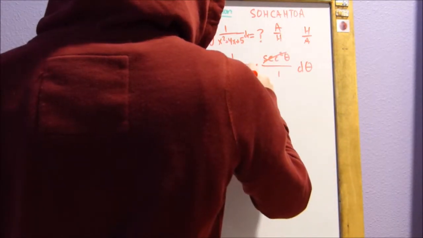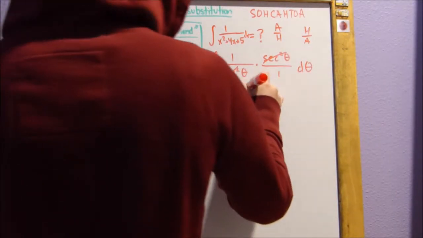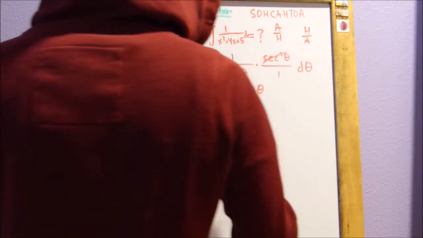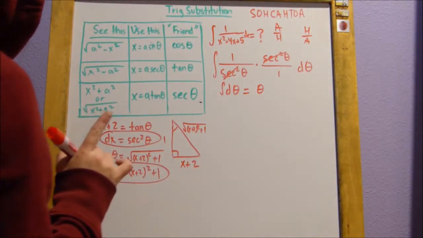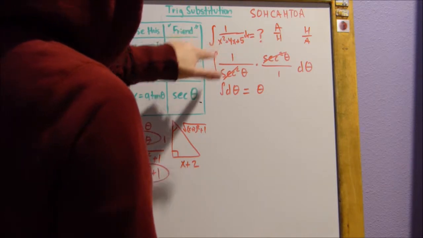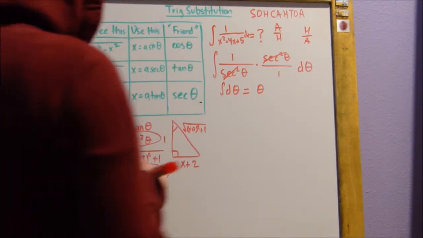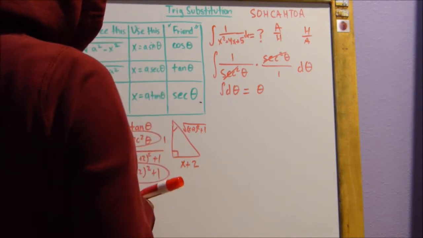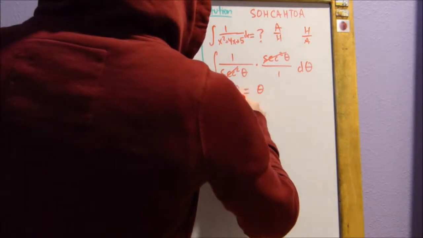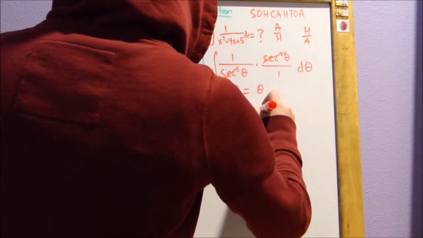the antiderivative of d theta, which is just theta, but you can't leave it as just theta because the problem gave it to you in terms of x, so you must have the answer in terms of x. So what we're going to do is we're going to solve backwards from here. x plus 2 equals tangent of theta.